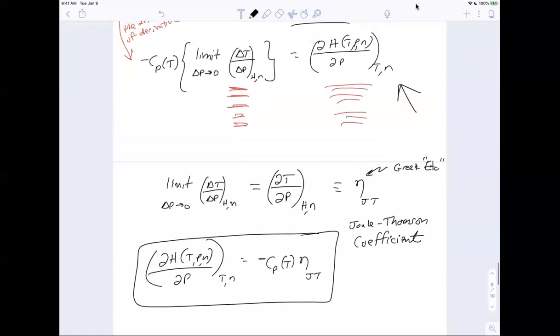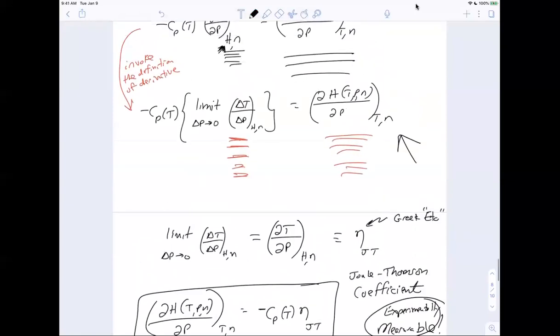You can see here that the Joule-Thomson coefficient is experimentally measurable. And why is it experimentally measurable? Well, right here you've already seen why. All you have to do is measure delta T and delta P. Of course, you would measure Cp as well. Since we've defined eta to be that partial, eta is experimentally measurable.